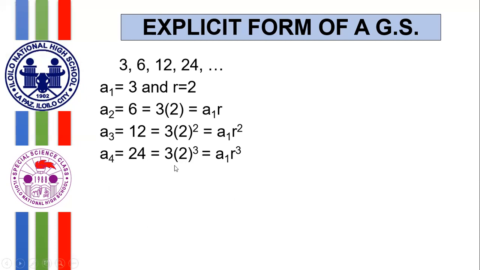And replacing 3 by a sub 1 and 2 by r, we have a sub 4 is equal to a sub 1 r cubed. So take a look. If you have a sub 2, that's a sub 1 times r in general. A sub 3 is a sub 1 r squared. And a sub 4 is equal to a sub 1 r cubed.